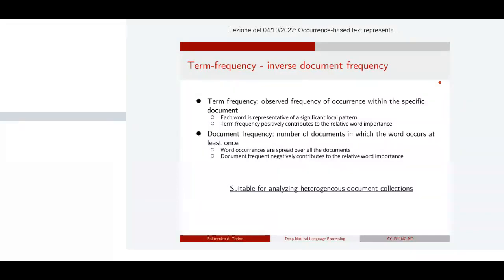So if you have 100 samples, and in 90% of those samples that word actually occurs, it is not discriminating enough. So it's not peculiar to a particular document. It's present in almost all documents. Like, for example, a stop word. A stop word is likely to have a very high document frequency. So removing the stop words here is beneficial, of course.